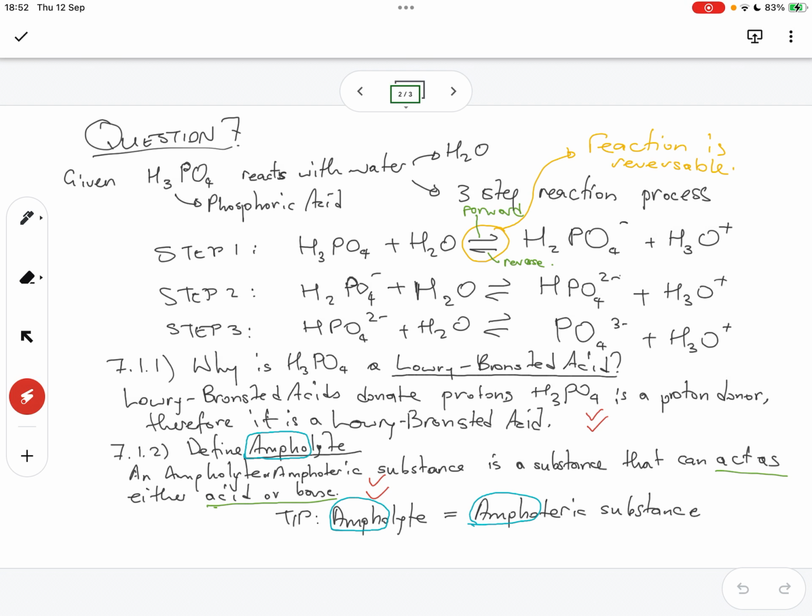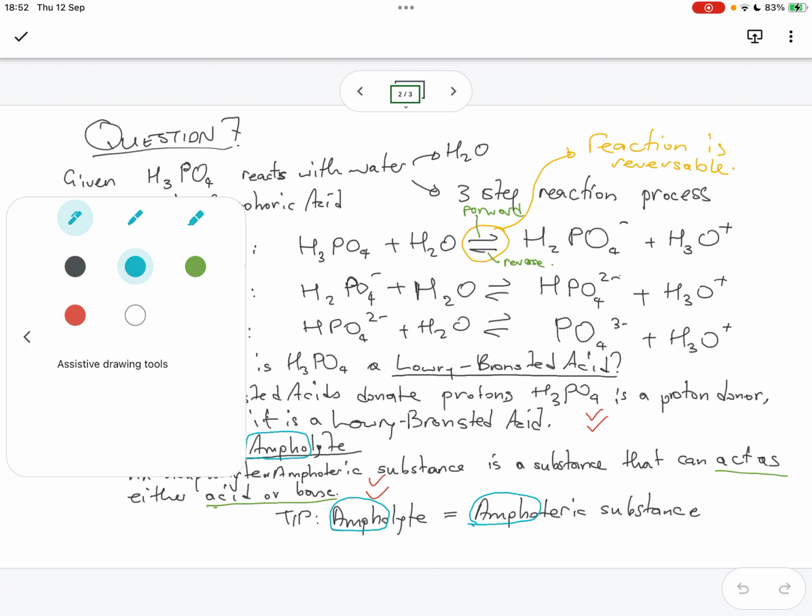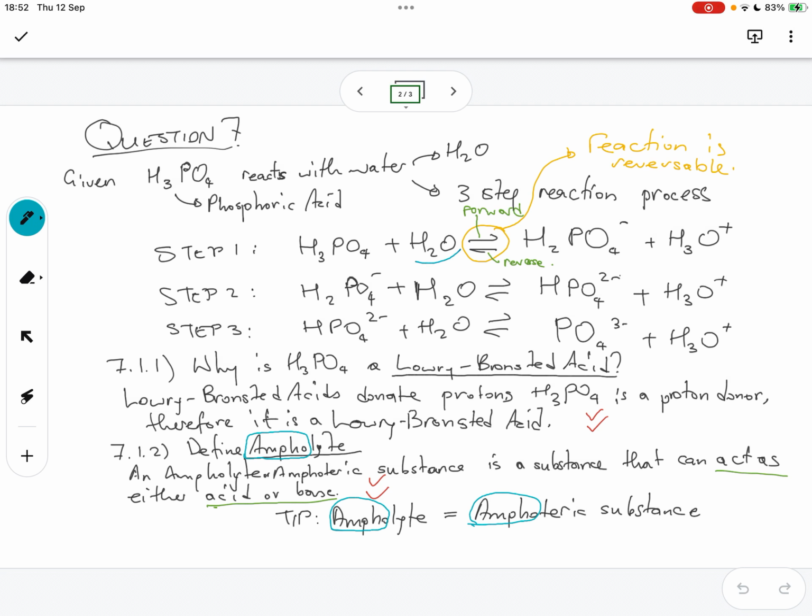Okay. So which substance? Nominate a substance as an ampholyte. I think so. In step 2, H2PO4 minus. Okay. So the ampholytes are circled in blue. We've already said it's H2O. It's fine.